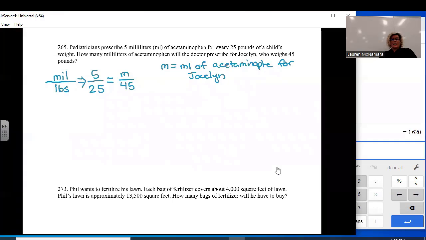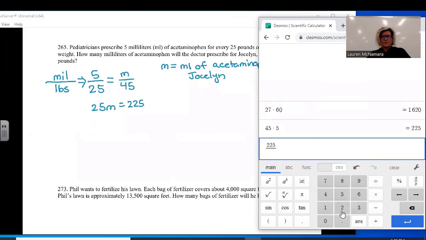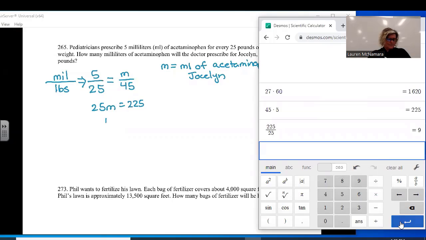So now I need to solve. I have 25 times M, and then I have 45 times 5. So I have 225, then 225 divided by 25, and I get 9.